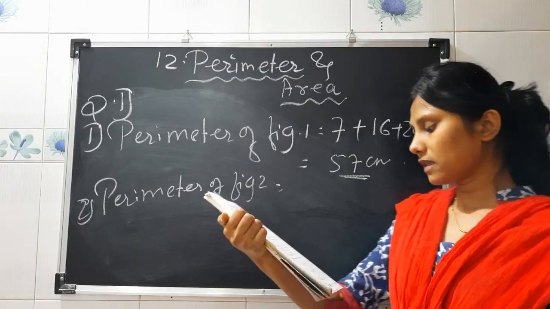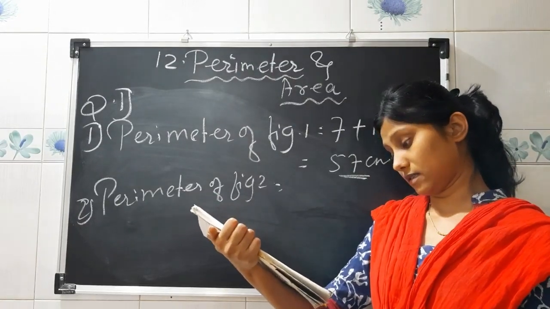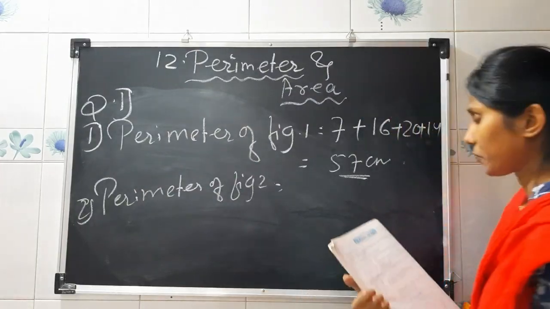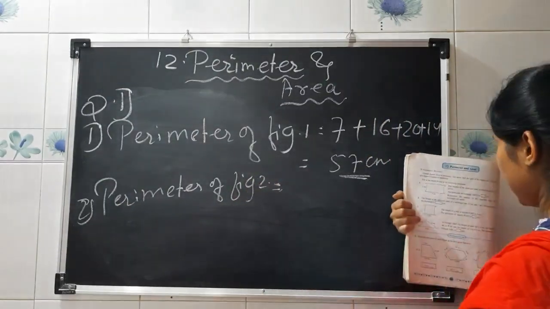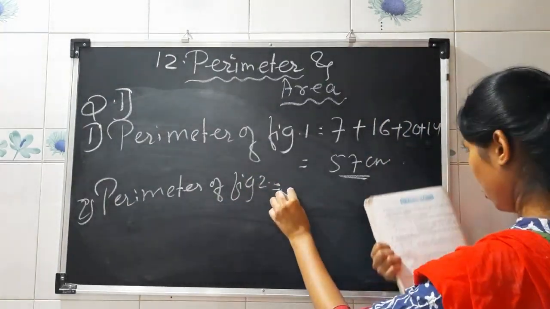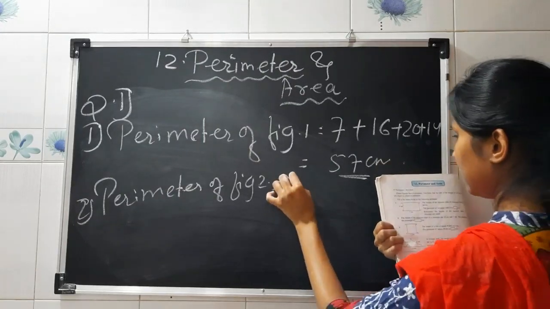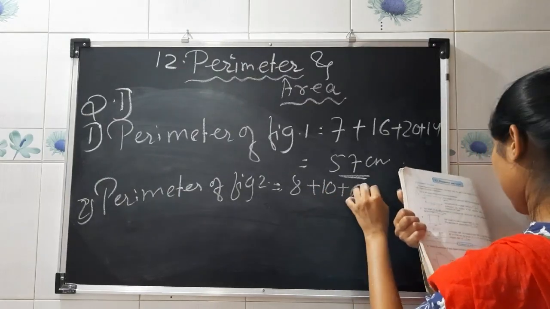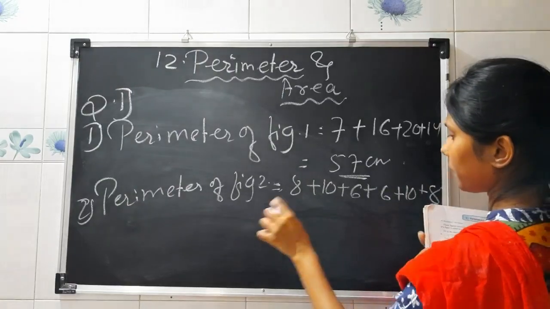In this figure there are total 6 sides. So it is a kind of hexagon. You have to add the lengths of all the sides, that is 8 plus 10 plus 6 plus 6 plus 10 plus 8.